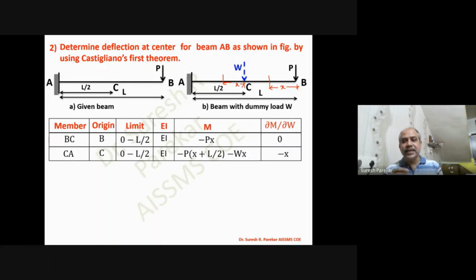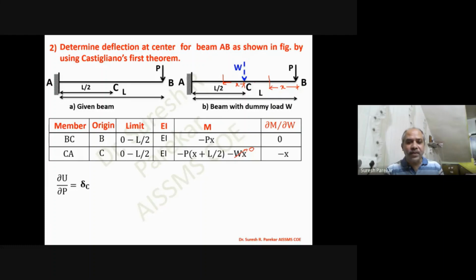And then we have to go for delta C, that is dU by dW. But now when we are going with values of deflection and when we are going to integrate, this W is a dummy load, so we are going to make it 0, because this load is not available over there. Then we go for integration.